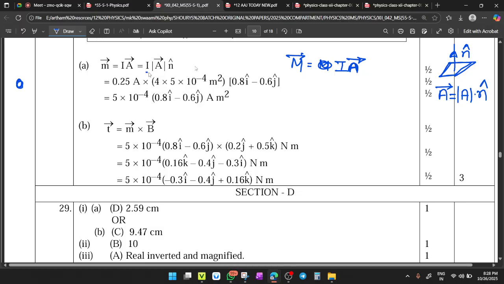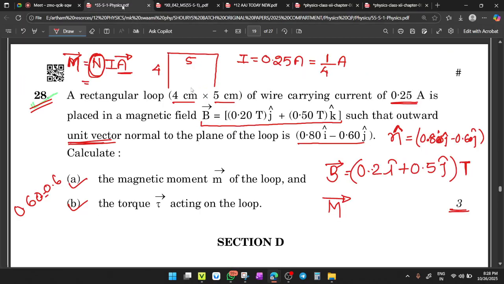You have the current given first, that is equal to 0.25 ampere. Now this is the magnitude of the vector, that is equal to 4 into 5 into 10 power minus 4 meter square. Yes, this is important. You are given 4 centimeter and 5 centimeter, so first convert into meter. So 4 into 10 power minus 2 meter length, and this will become 5 into 10 power minus 2 meter. Now multiply them.